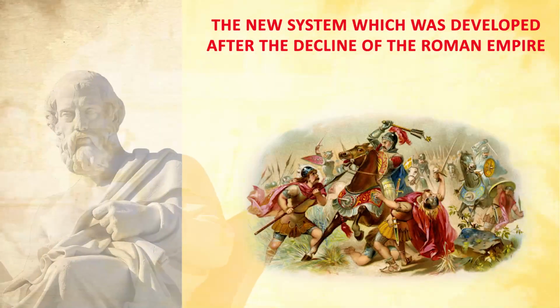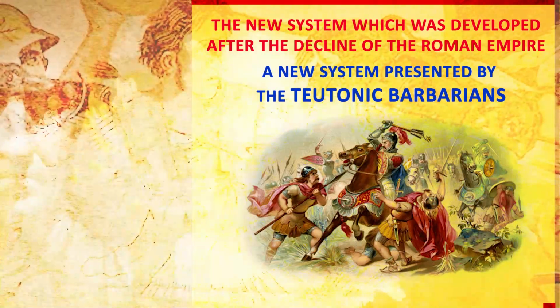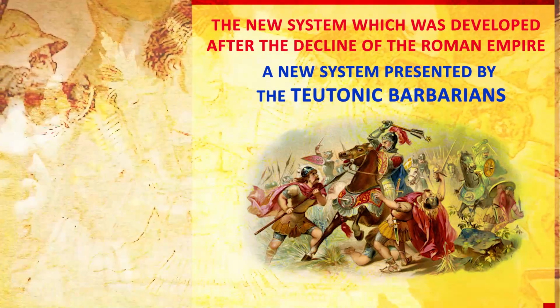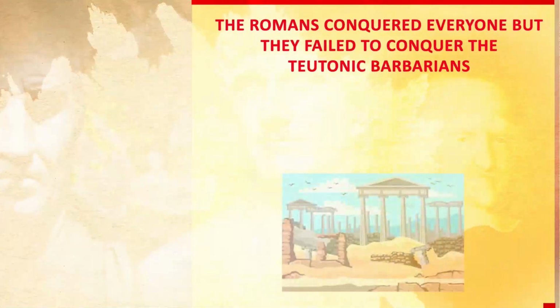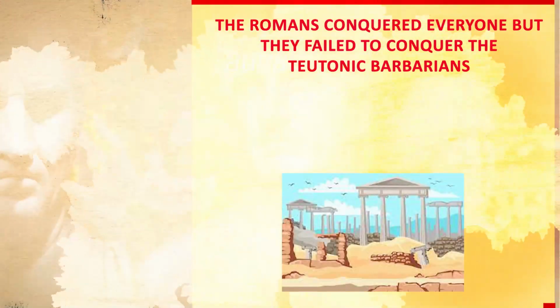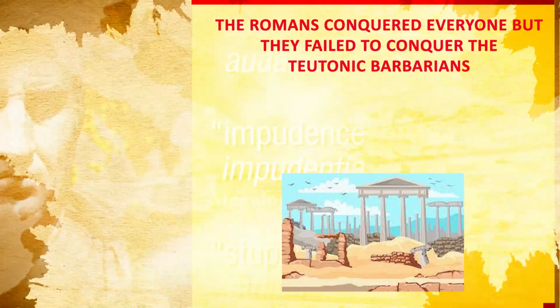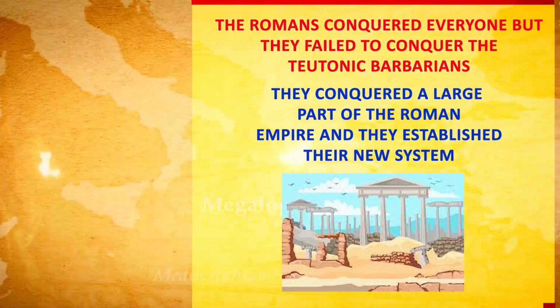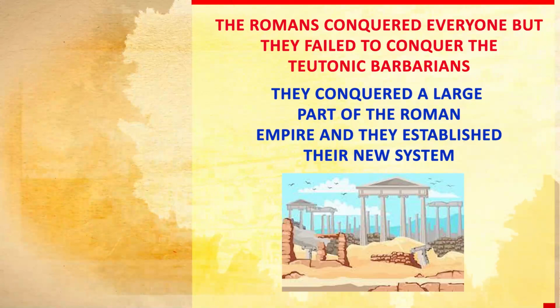The new system which was developed after the decline of the Roman Empire was presented by the Teutonic barbarians. The Romans conquered everyone, but they failed to conquer the Teutonic barbarians, and ultimately they conquered a large part of the Roman Empire and established their new system.